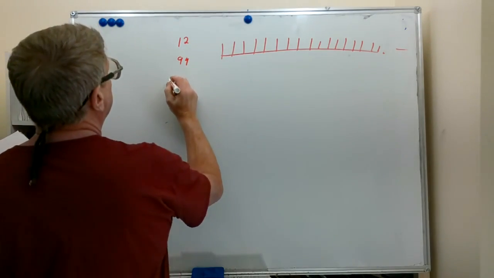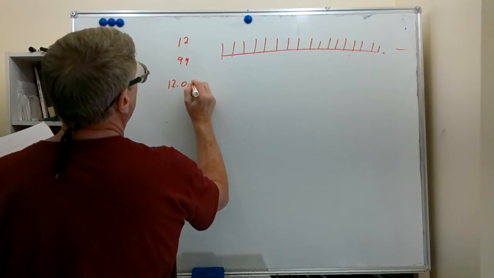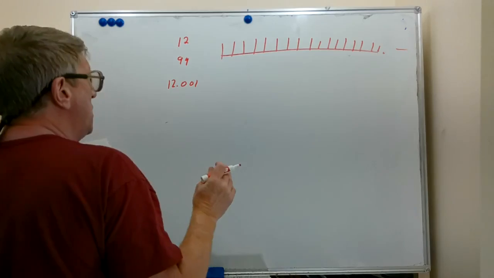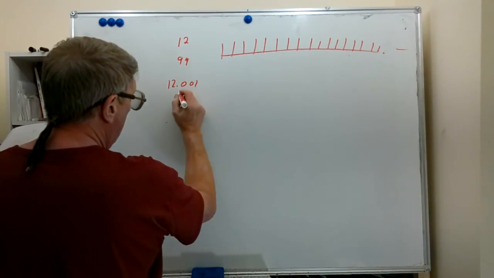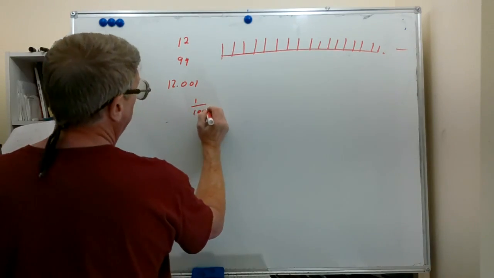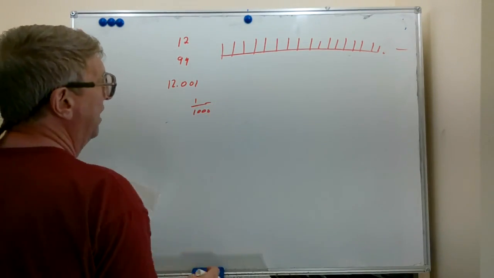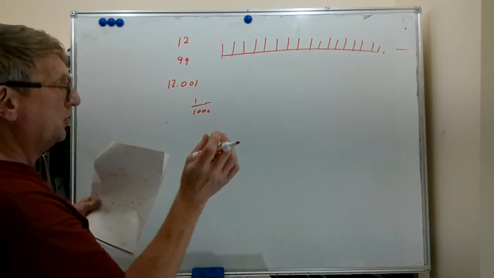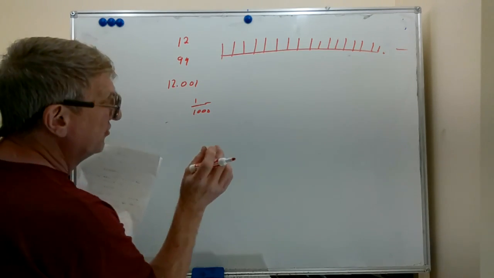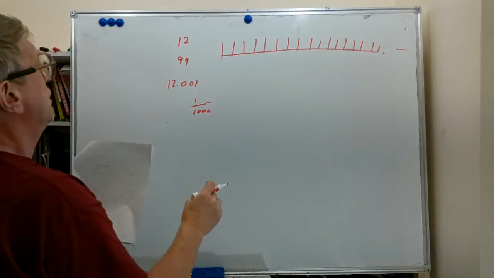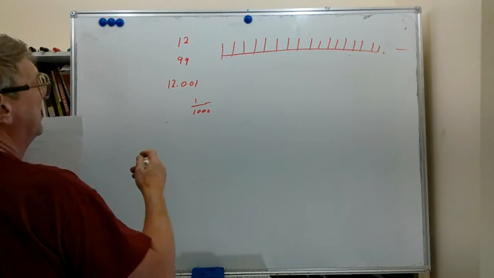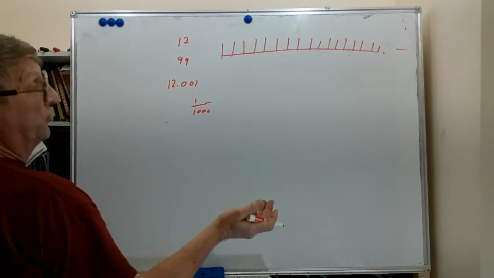But if we have 12.001, we know that whichever one of these we choose, we're within 1/1000th of the actual number. The precision allows us to dial in more precisely, whereas the number of significant digits gives us more choices.